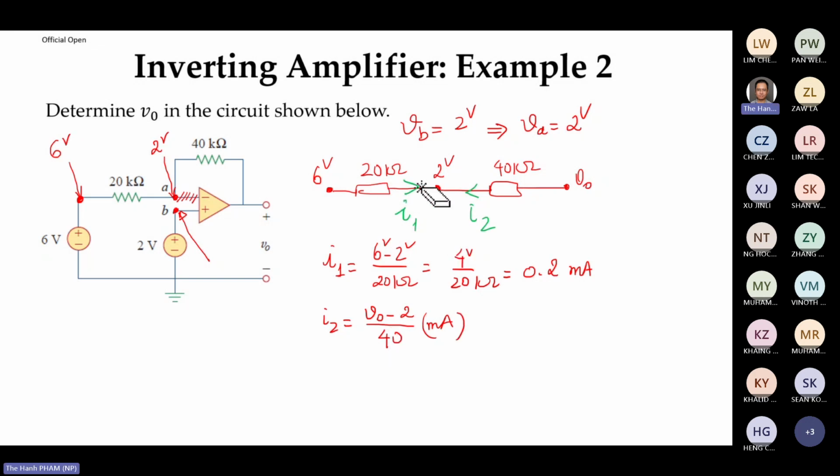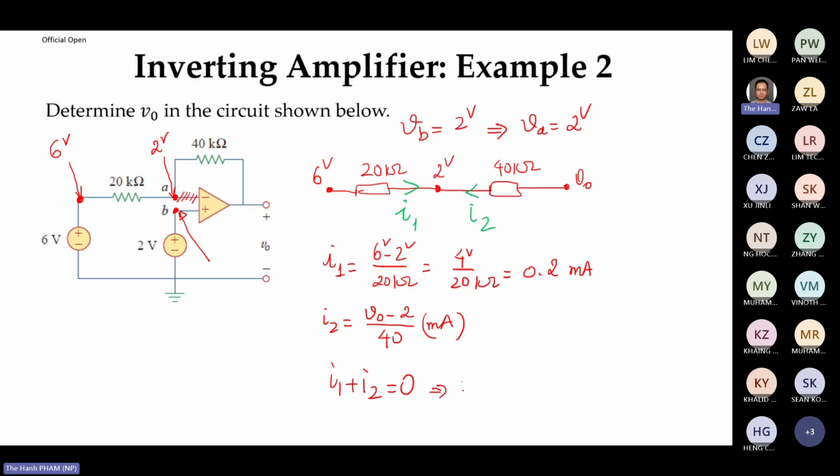Then what happened to I1 and I2? Are they the same? If I write I1 equal I2, is it correct? No. I1 entering, I2 also entering. So I1 plus I2 is 0. KCL, right? Entering, this one also entering.